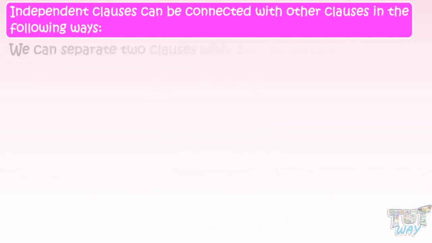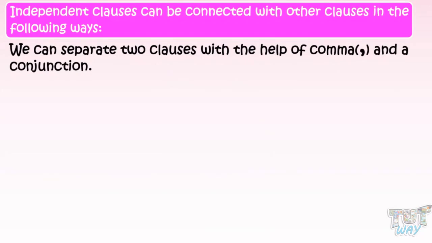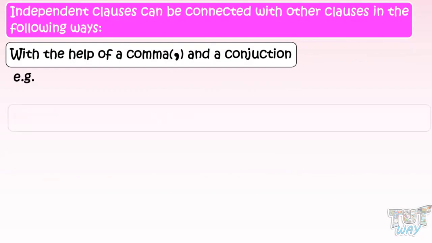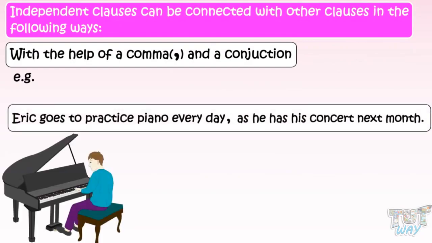Next is, we can separate two clauses with the help of comma and a conjunction. For example, Eric goes to practice piano every day as he has his concert next month.